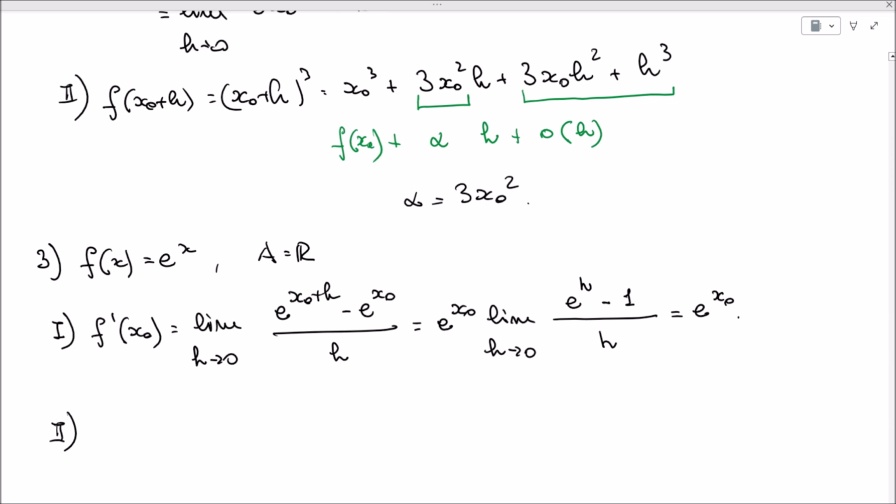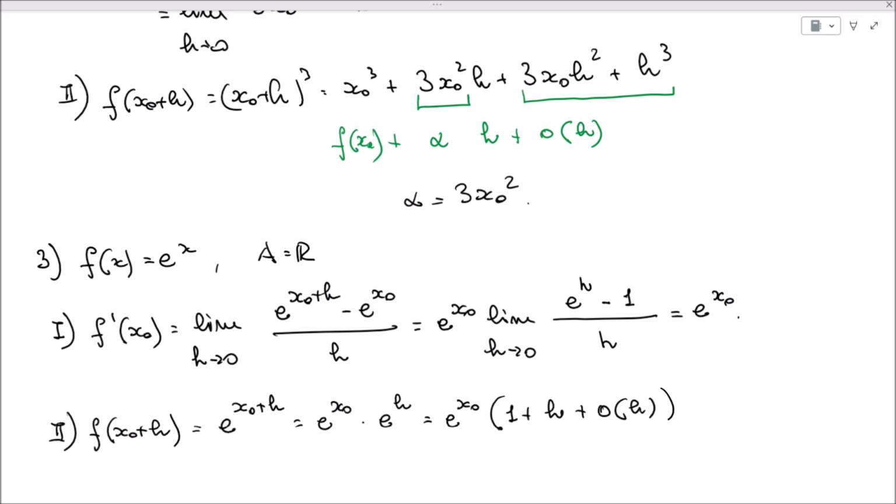Second approach, f of x naught plus h. Well, this is e to the x naught plus h, which is e to the x naught times e to the h. And if we now apply the short expansion of e to the h, we have e to the x naught times 1 plus h plus little o of h.